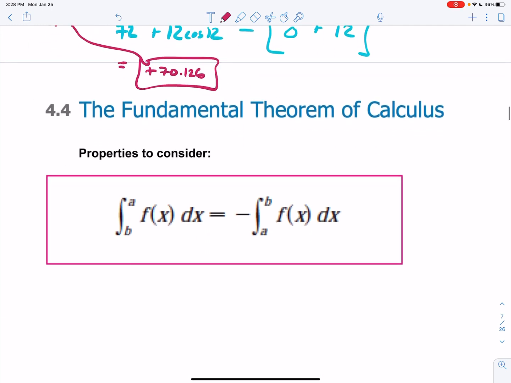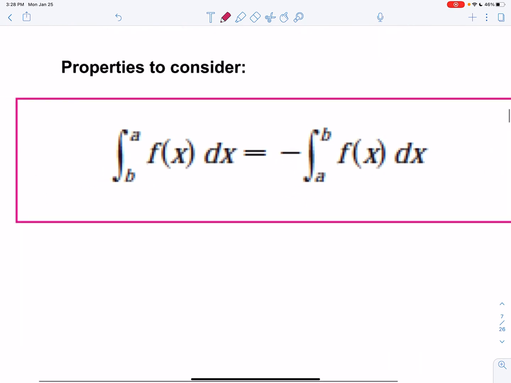All right, some properties to consider, okay? Here's property number 1. If you integrate from B to A, and now don't take the letters too literally, okay? So if your bounds were quote-unquote improper or backwards, you can easily switch it, but you have to account for a negative.